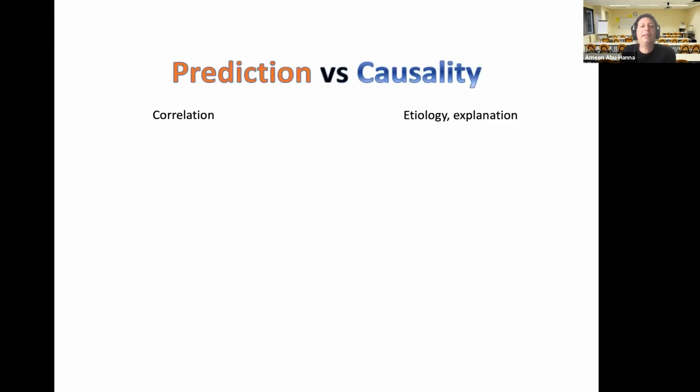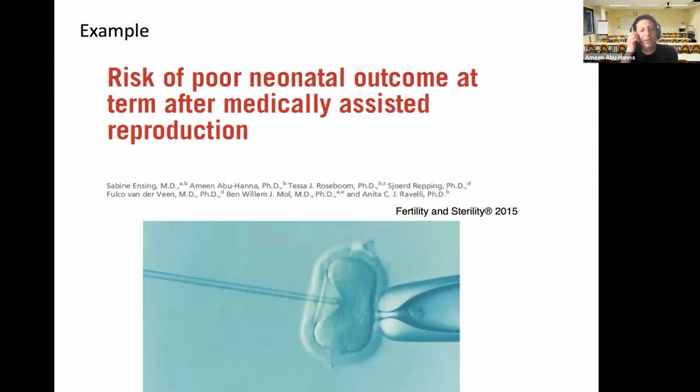So let's take a moment and appreciate the difference between prediction and causality. Prediction is essentially about correlation, association, and causality is the etiology, the explanation, why things happen, not because they're associated but because of a causal mechanism. Perhaps I can illustrate it with a simple example that we did.